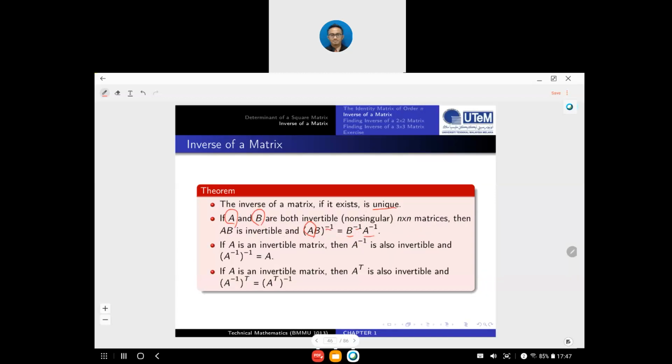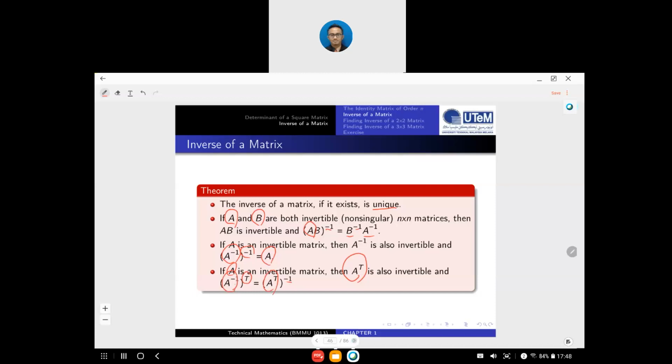If A is an invertible matrix, then A inverse is also invertible, and A inverse inverse is A. Inverse twice, you get matrix A. If matrix A is invertible, then A transpose is also invertible, and A inverse transpose also equals A transpose inverse. Whether you transpose first then inverse, or inverse first then transpose, the value is equal.